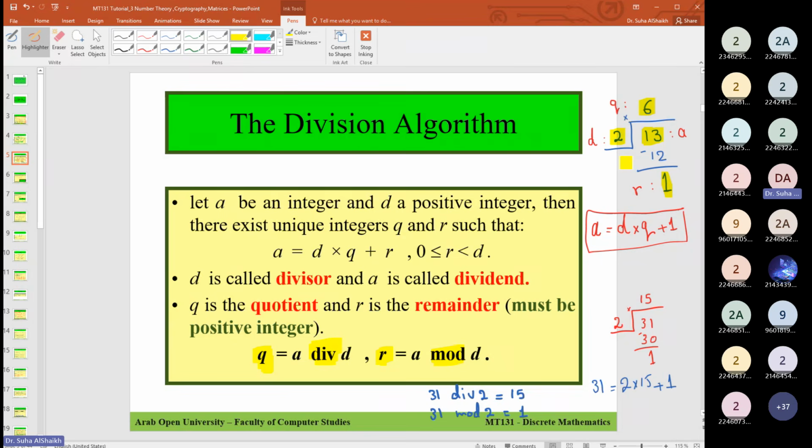There is a quotient, which is the result, and there is a remainder R, and one of them we call the div, one of them we call the mod.